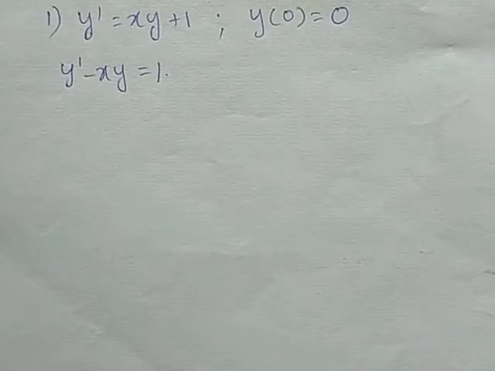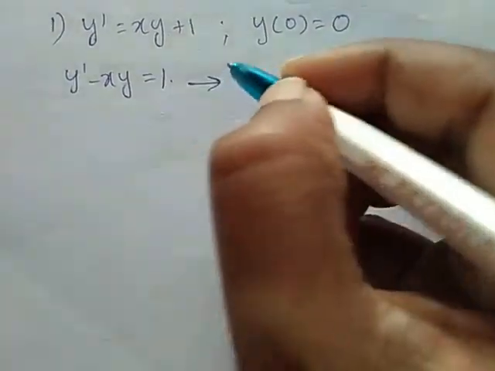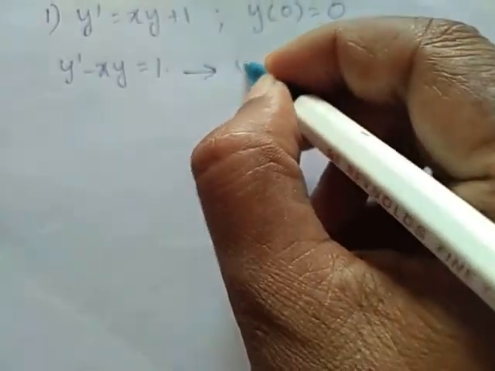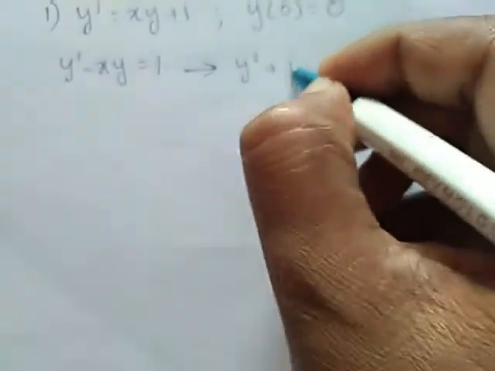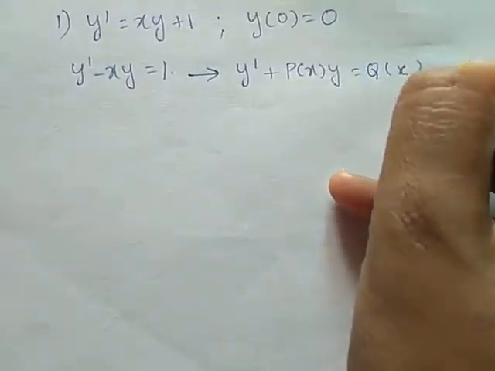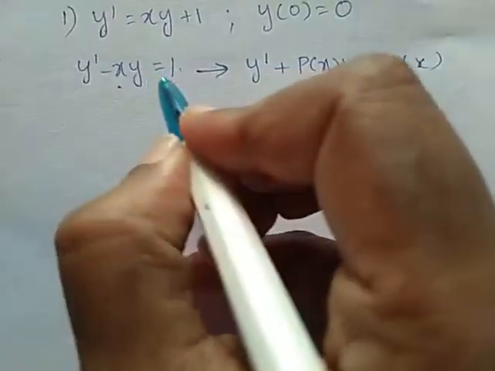This is a linear equation of the form, or we call it the Leibniz equation, y dash plus p of x into y is equal to q of x. Here p of x is minus x, q of x is 1.